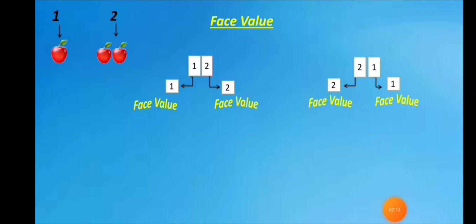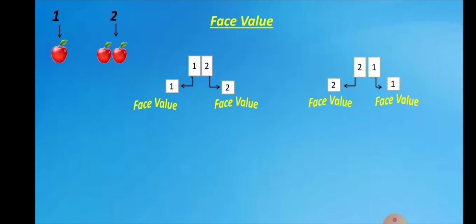But the face value of 1 is in both places 1 only. Okay, face value will not change. Face value is the value of the digit in a number. So the digit 1 has the same face value in both the numbers 12 and 21. Okay. The face value of a digit always remains the same.